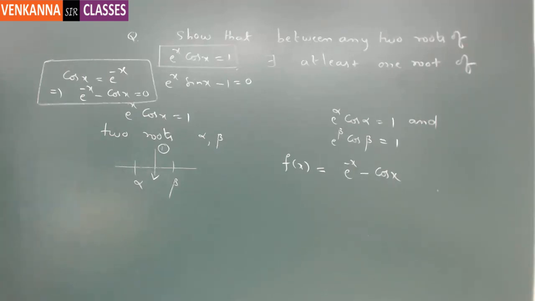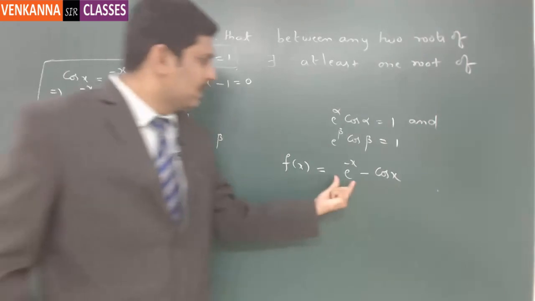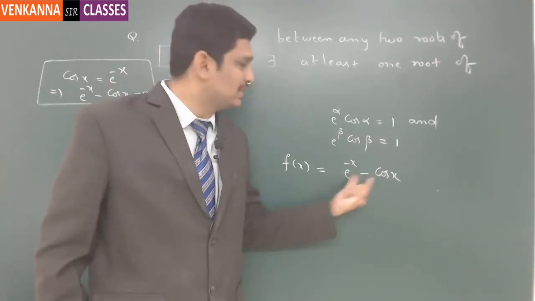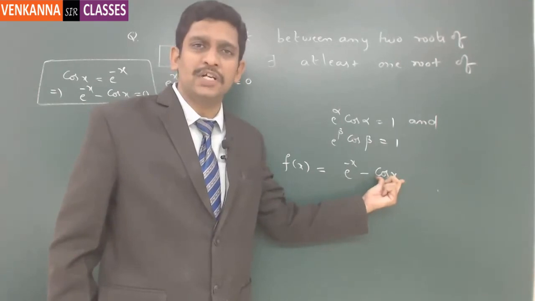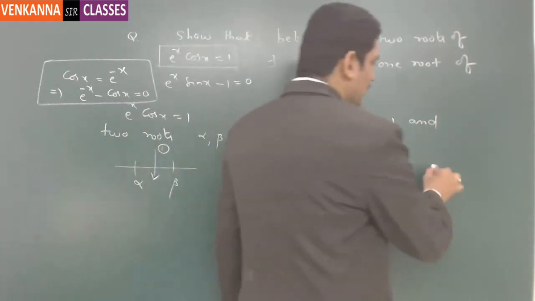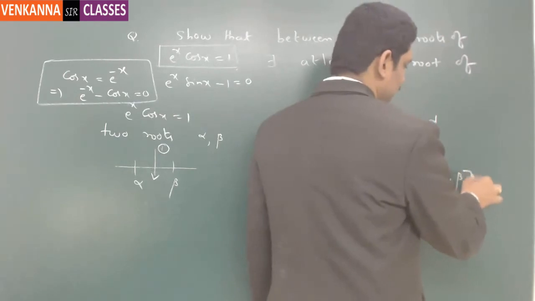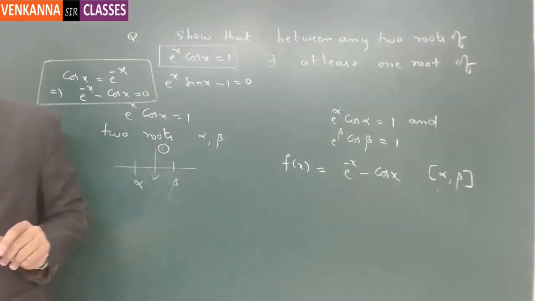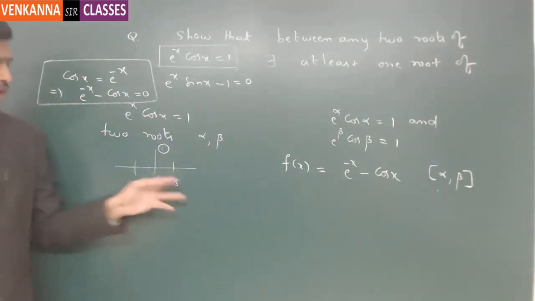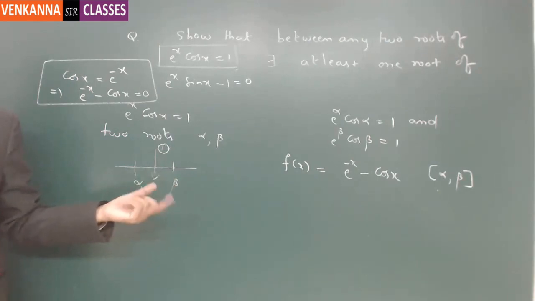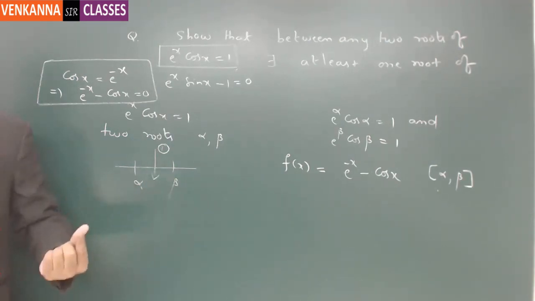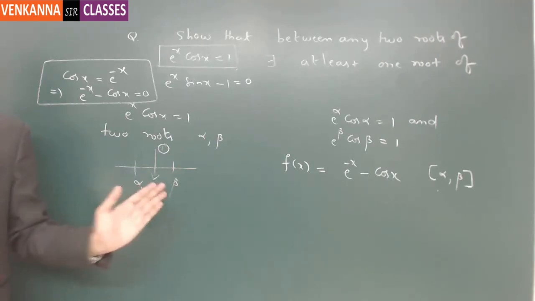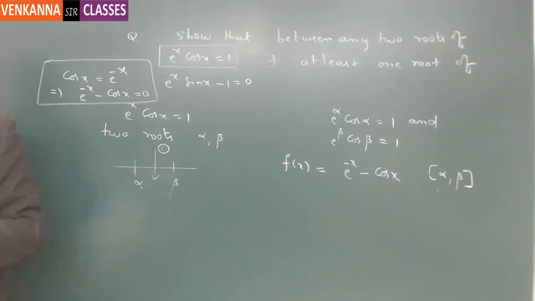So I have taken f of x is equal to e power minus x minus cos x. Since it is an exponential function, which is continuous, and a trigonometric function, which is also continuous, f is continuous on the interval alpha beta, and they are differentiable too on the given interval alpha beta. Between the two roots alpha and beta, I assumed that alpha is the small one, beta is the big one. You can take beta alpha also. Generally we write alpha beta for notation convenience.